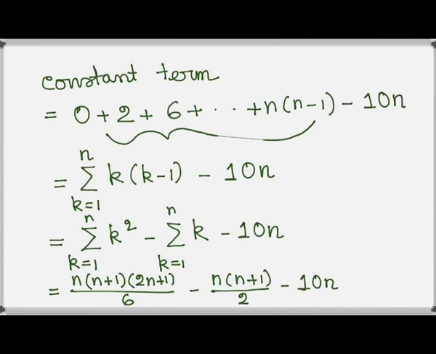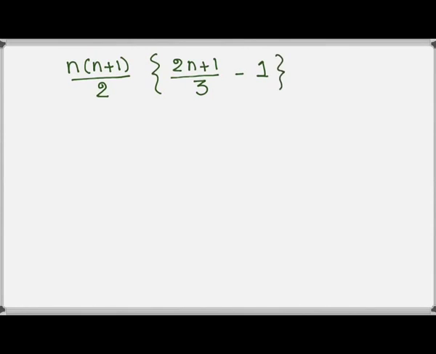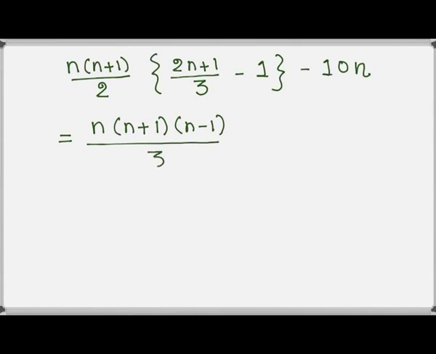Now after simplifying, let us first take n into n plus 1 divided by 2 out. This is 2n plus 1 divided by 3 minus 1, and this is minus 10n. So therefore we have here n into n plus 1 into n minus 1 divided by 3 minus 10n.